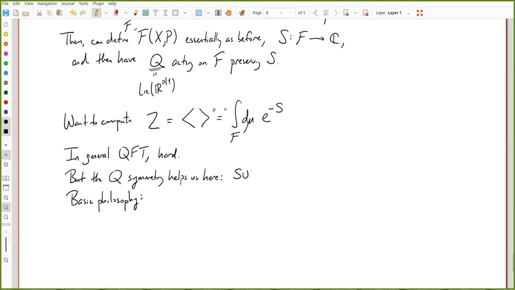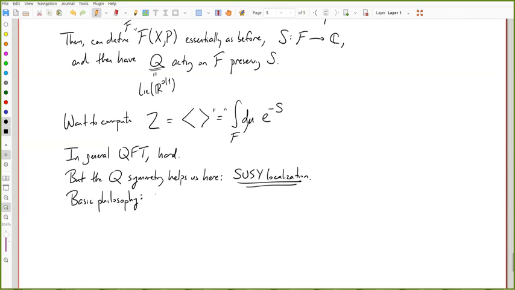The thing I'm about to explain is something called supersymmetric localization, and it's a tool that people are constantly using whenever they want to compute something in a supersymmetric quantum field theory that comes from a Lagrangian. This localization is kind of the go-to tool. So the basic philosophy of it is like this.